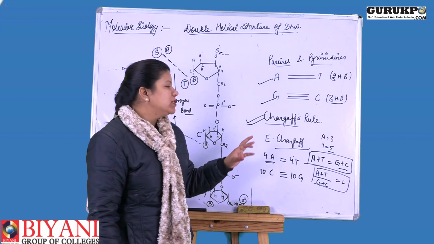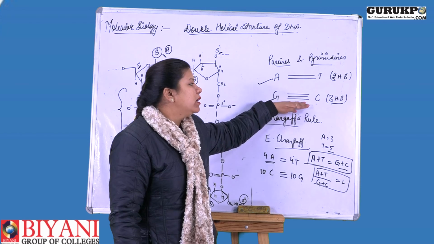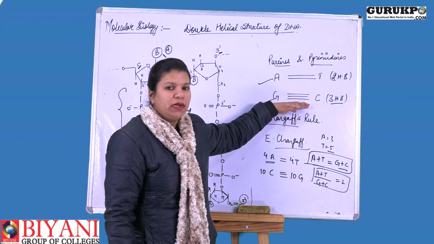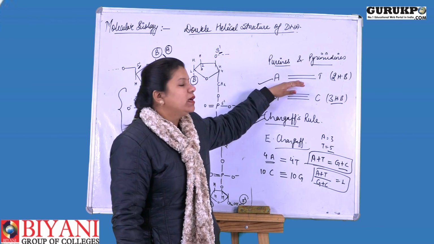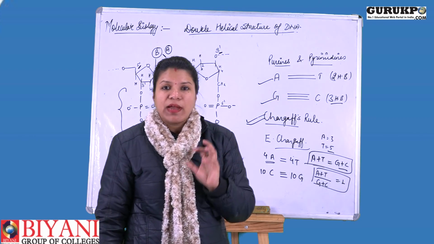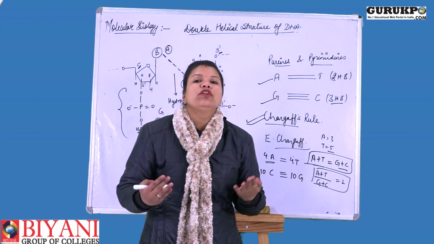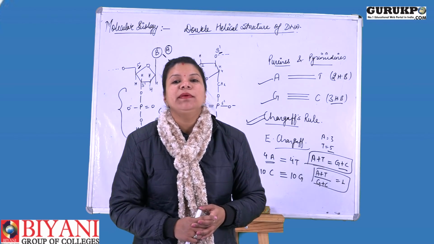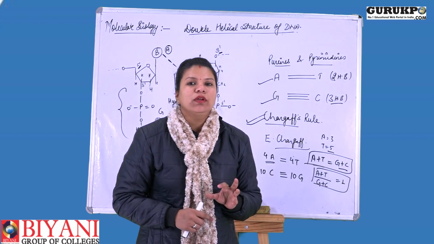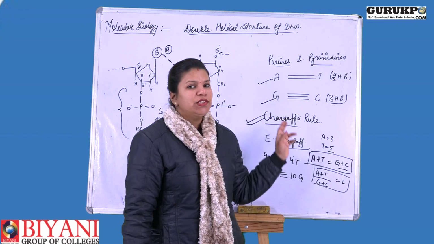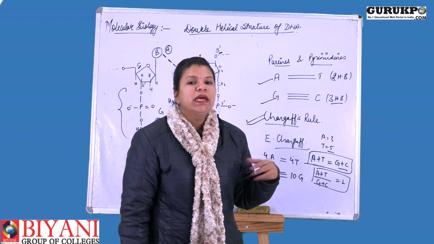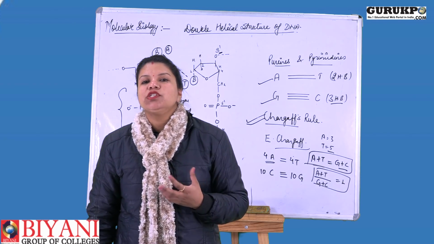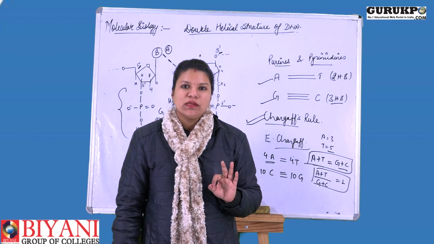I'm just asking that if I want to break a GC rich DNA strand and also an AT rich strand, then the amount of energy required to break these hydrogen bonds will be more for the GC rich DNA. Why is it so? It is because of the presence of 3 hydrogen bonds, right?